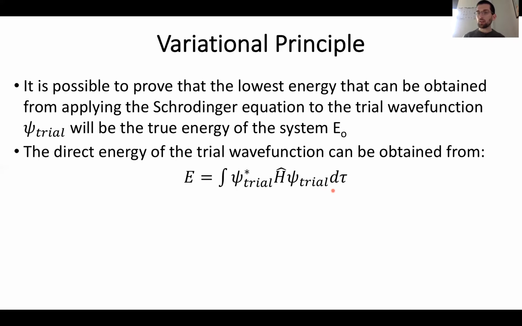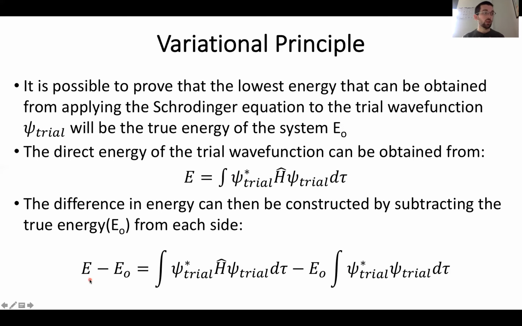But by applying this basic quantum mechanical idea, I can start to build up the variational principle. And essentially what I'm going to be doing is looking at the difference in energies. So how different is the energy of this wave function going to be from the true energy? I can do this by subtracting the true energy from both sides.